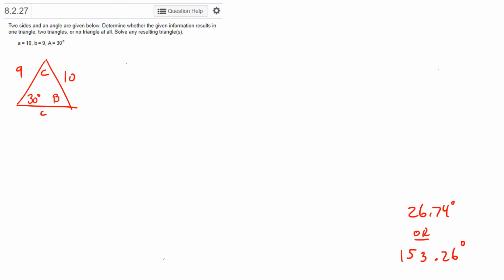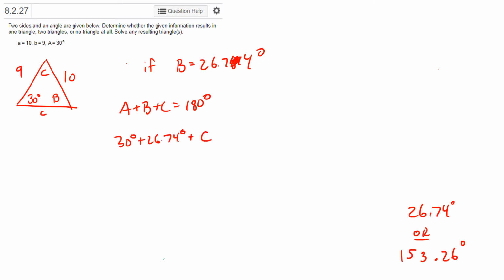And if we attempt to find the third angle, two different things could happen. So first, if I used capital B to be 26.74 degrees, then the sum of the three angles has to equal 180 degrees. We know A is 30 degrees. We just said B is 26.74 degrees. C is the unknown.